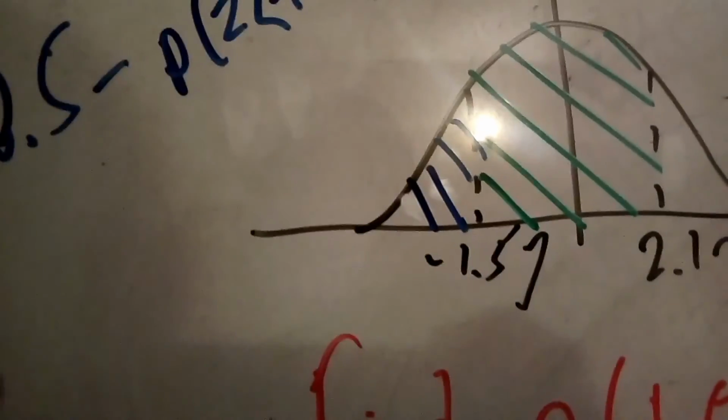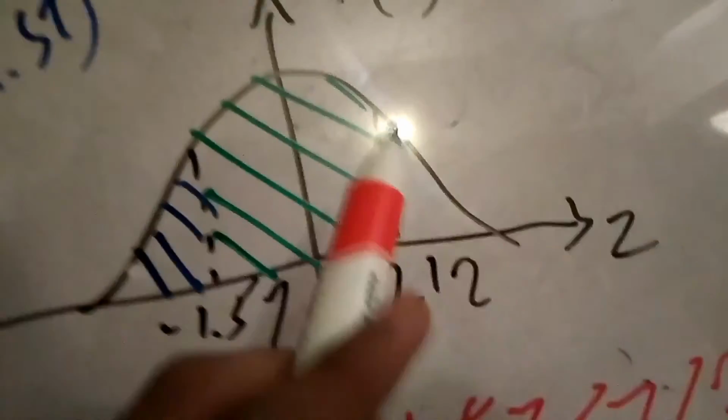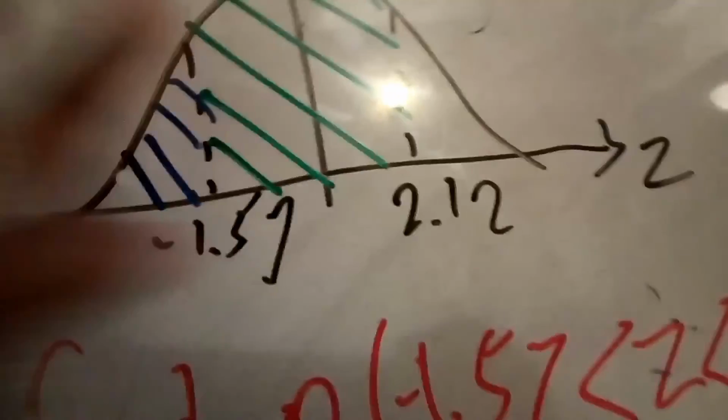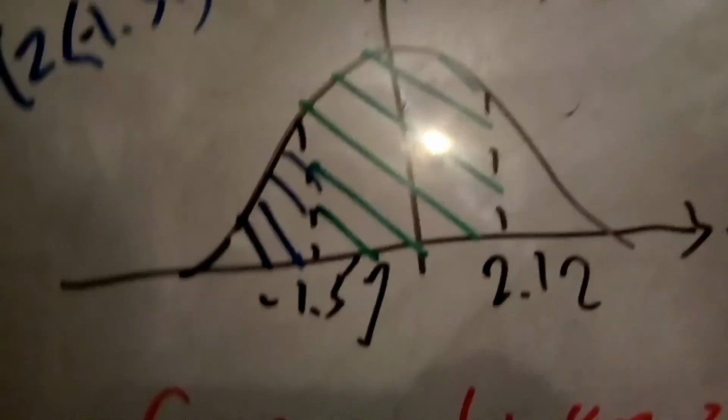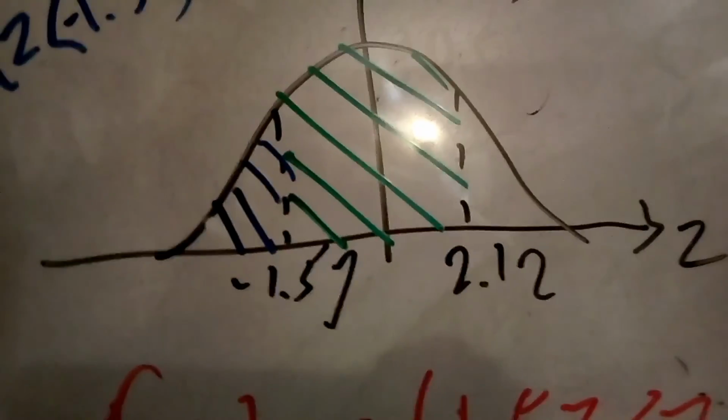To get this, we have to use the symmetry. So we find this side, and we do the same on this side for 2.12, and we just add up this part and this part, and you'll get your answer. I hope that covers the basics of normal distribution curves.